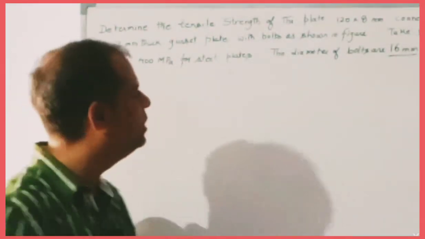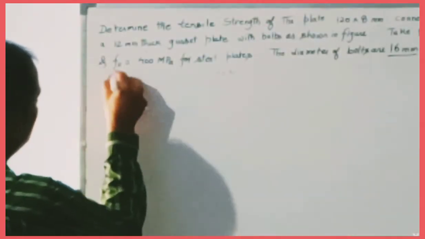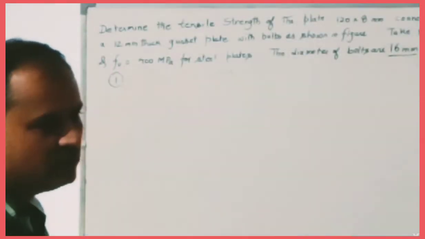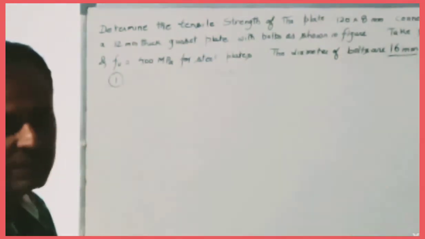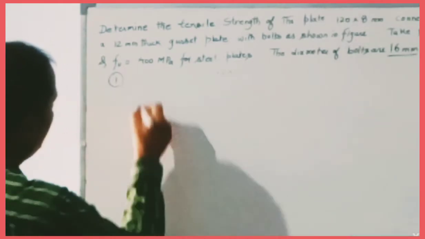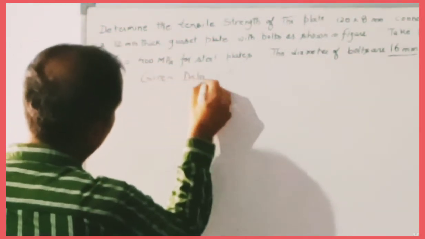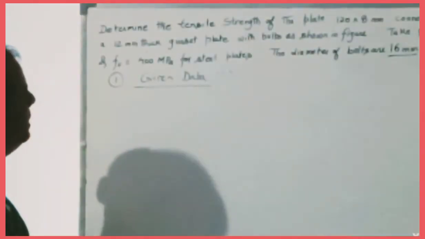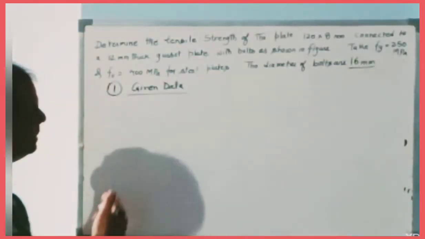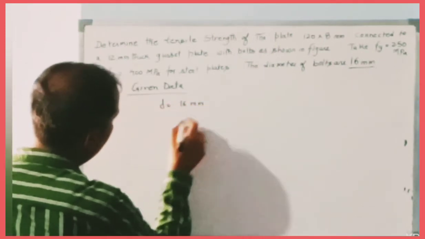First of all, I am going to write down the given data. The first step of solving a question in steel or concrete, whatever the subject may be, is to take out the data from the given question. As you can see, the diameter of the bolts used is 16 mm.